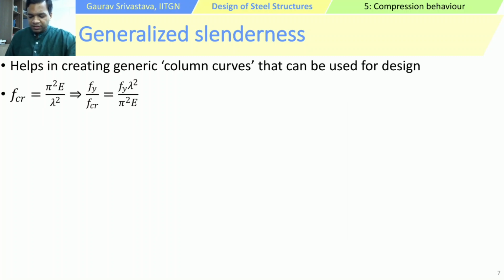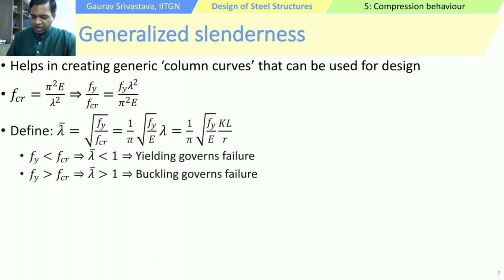So for that matter, we define a generalized slenderness ratio, called lambda bar, as the square root of the ratio of the yield to the critical buckling stress. Okay, so eventually it takes this form. One of the advantages of defining this is that when yield stress is smaller than the critical buckling stress, lambda bar will be less than 1, and yielding will govern the failure.